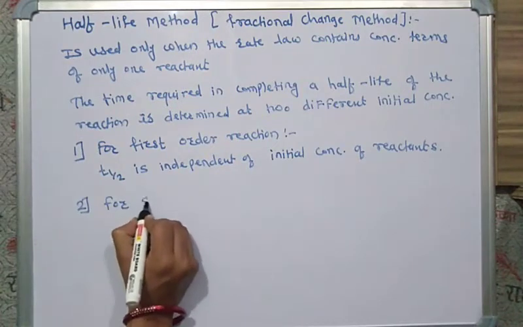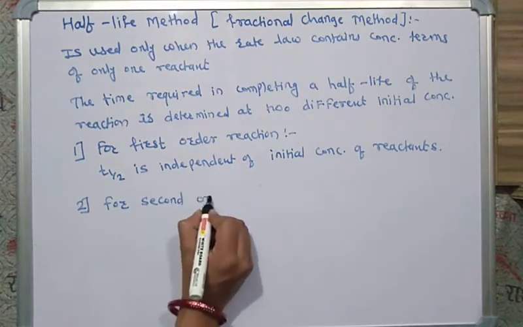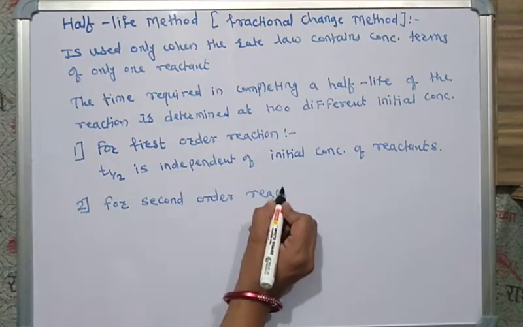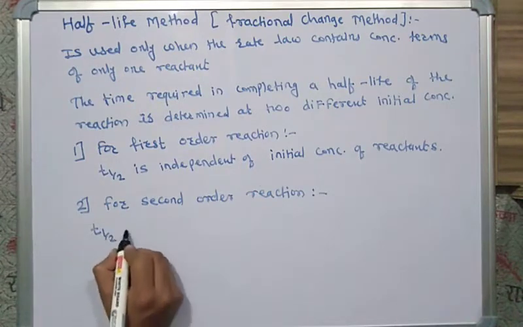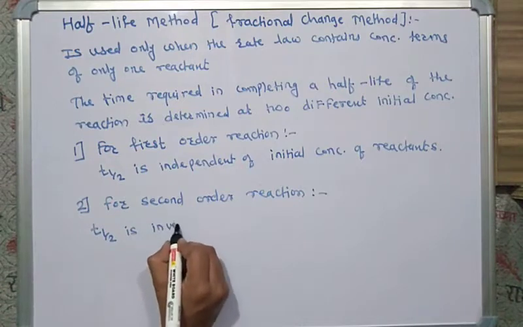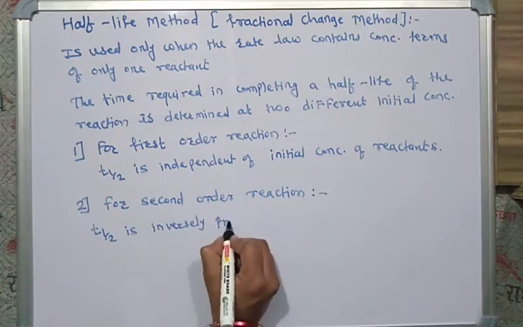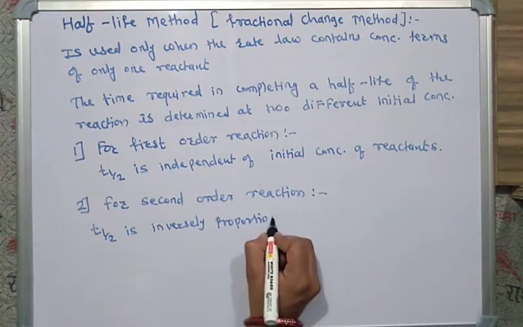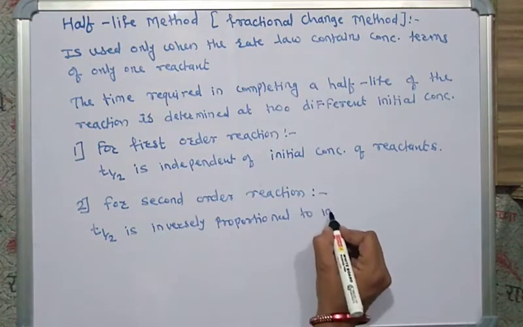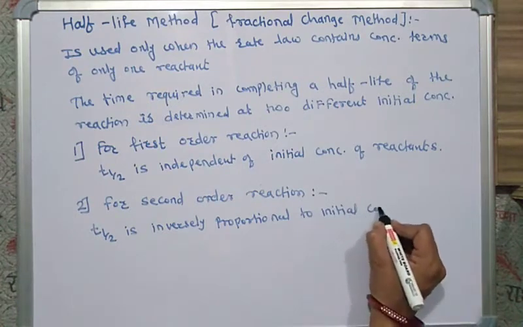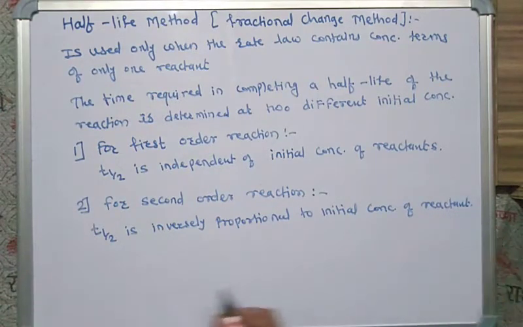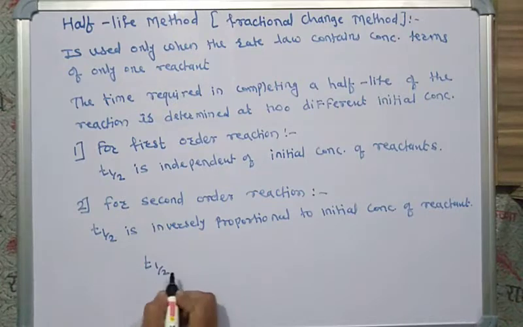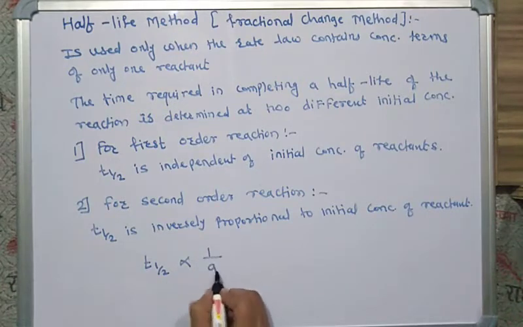Let me see the second order reaction. In this reaction, the half-life T half is inversely proportional to the initial concentration of reactants, that is T half is proportional to 1 divided by A. A is represented as the initial concentration of reactant.